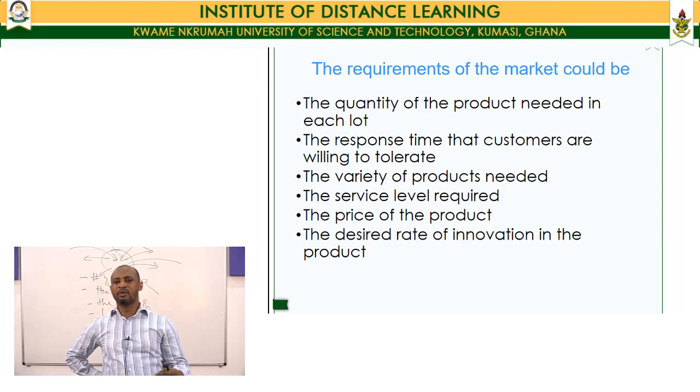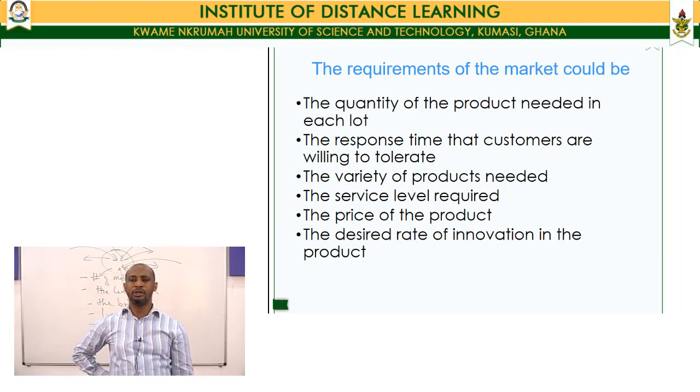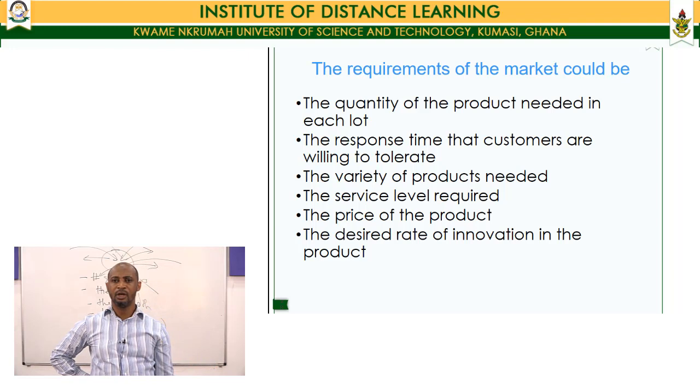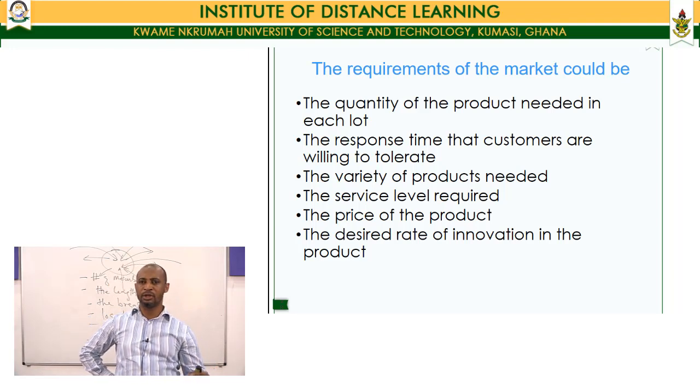So the requirements of the market could be the quantity of the products, the response time, the variety of the products needed, the service level, the price, and the desired rate of innovation. In fact, some products are such that people are looking for new ones every day. Ask those in Casapreco, those in bitters production. Why do you think every day they are producing a new one?